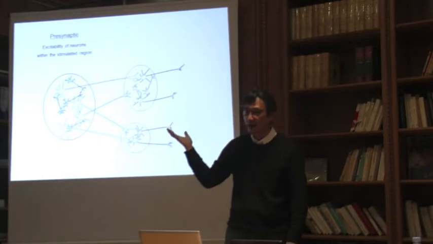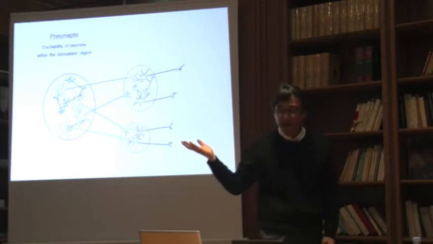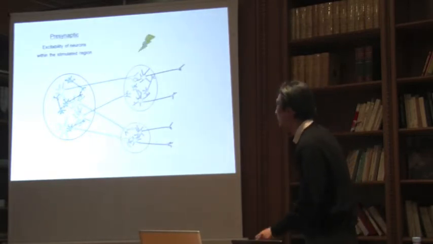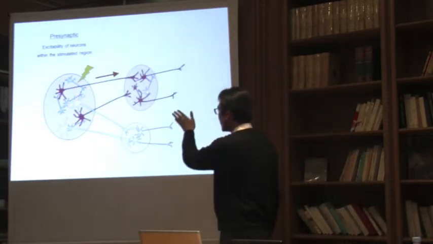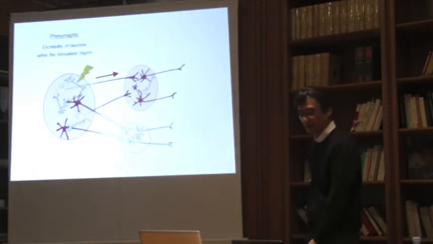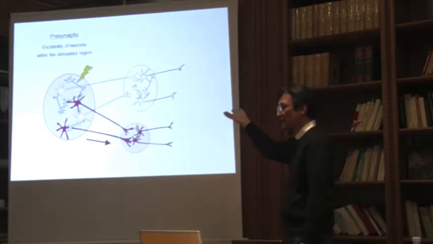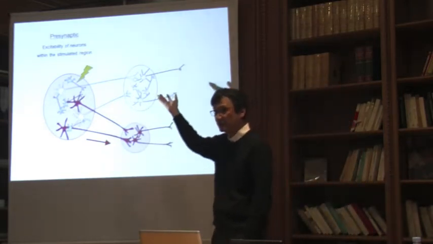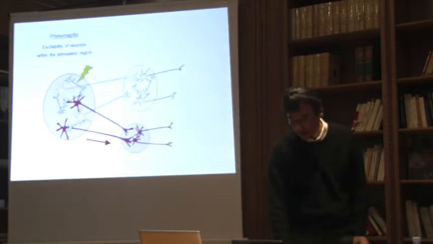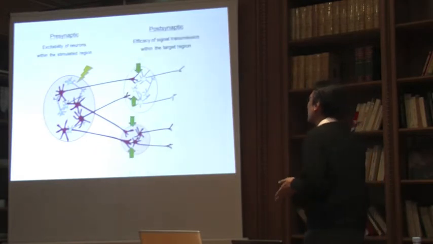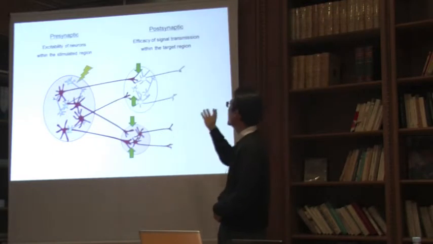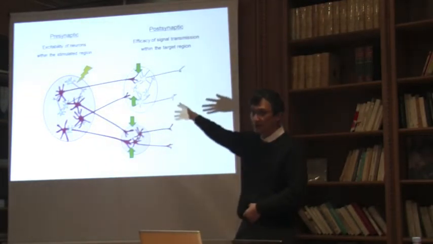Of course, this change in the signal transmission pattern may reflect the fact that different populations of neurons are more easily excited. So depending on which populations are more sensitive to the stimulation, the signal transmission pattern may change. Another scenario could be that this signal transmission pattern may reflect the efficacy of signal transmission within the target region.